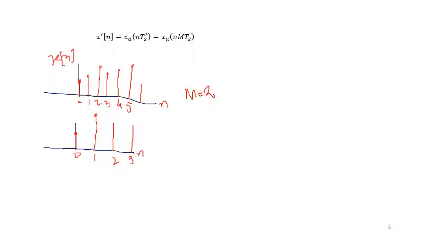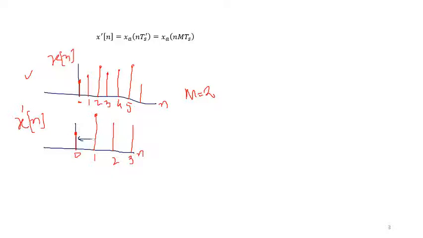Originally the samples were here in this x of n, and x prime of n is drawn here. You can see that the sample at 1 is thrown away, and we have the next sample here, here, here.